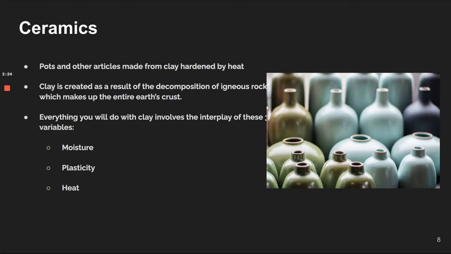Now remember, we talked about all of the different aspects of clay and the different variables, and what's really important to remember here is that when clay is fired, it has a bit of moisture before it's fired. When you fire it though, the heat shrinks it and it creates it a little bit smaller than what you anticipate it to be.